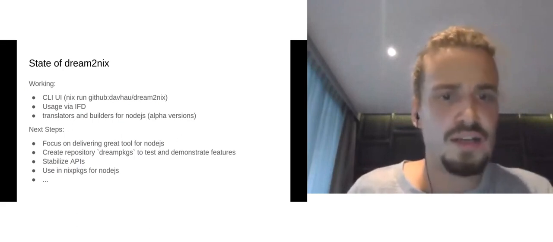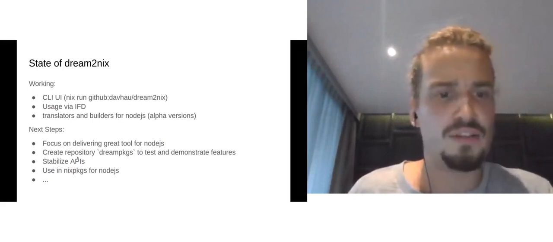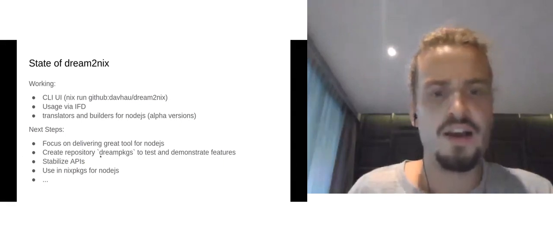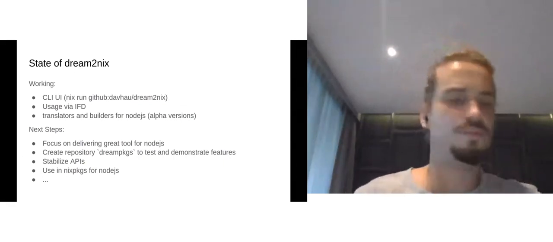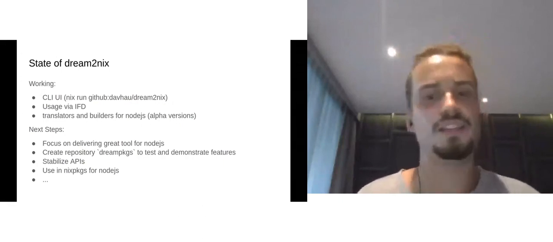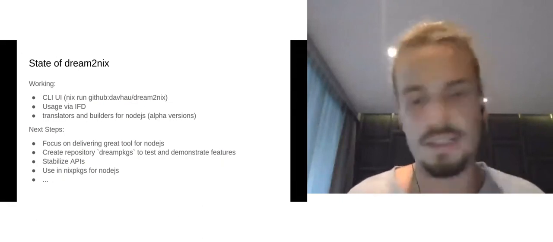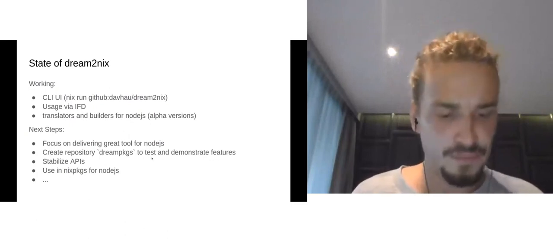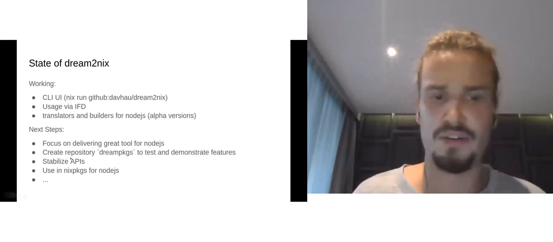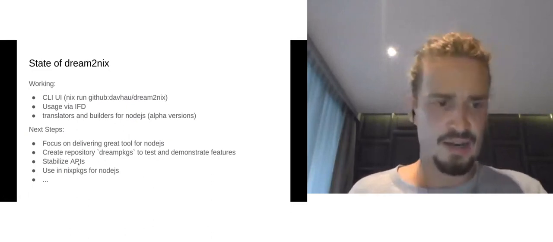And to do this, I think we might not get around creating our own package repository, like dream packages, for example, to package a bunch of packages and test our features and demonstrate some features. When we did this, we hopefully get an idea about our APIs, how exactly they should look.